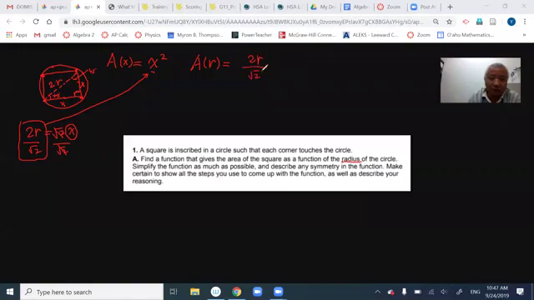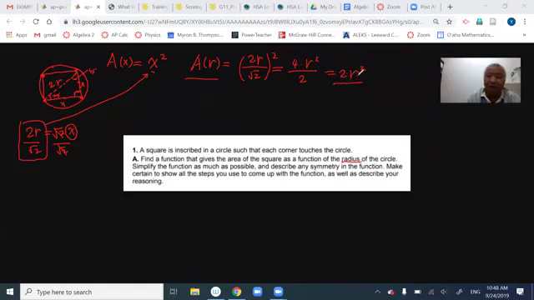But you have a square there, no problem. The next step: 2 squared is 4, and r squared stays r squared, over square root 2 squared, which is 2. That would be 2r squared.